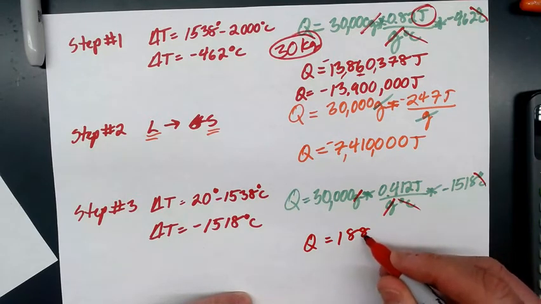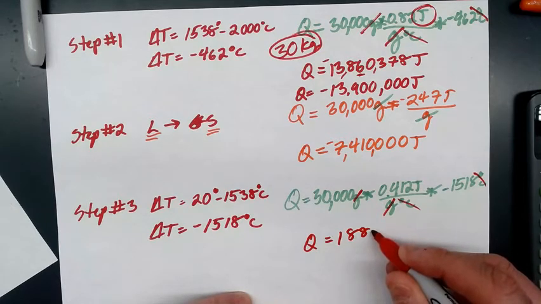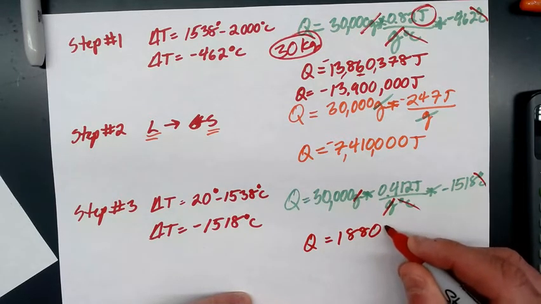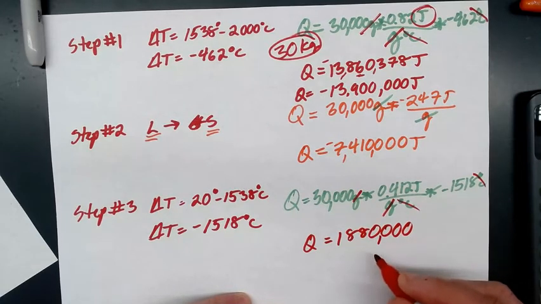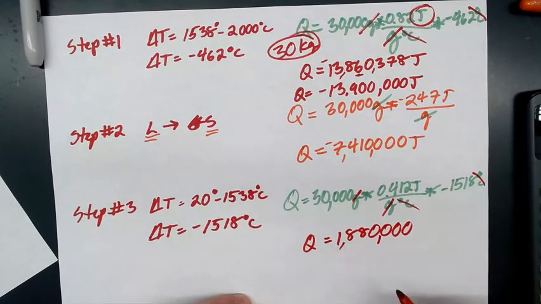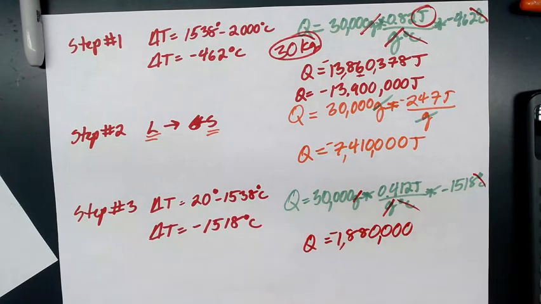I'm going to put my commas in there, and I find I'm going to subtract out another 1,880,000.